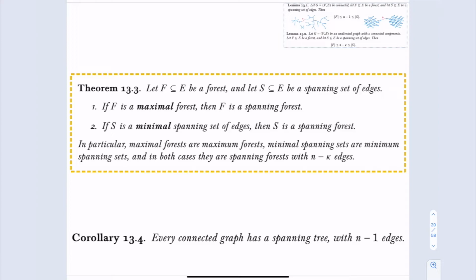So straightforward algorithms like repeatedly adding edges to a forest until I can't add any more give you the optimum solution. Very simple algorithms, but we have to do some special care to argue that it's correct. And the other simple algorithm for spanning set is I start with all the edges, and I repeatedly delete edges as long as it remains a spanning set. Until I can't anymore, it's minimal, and now it's minimum.